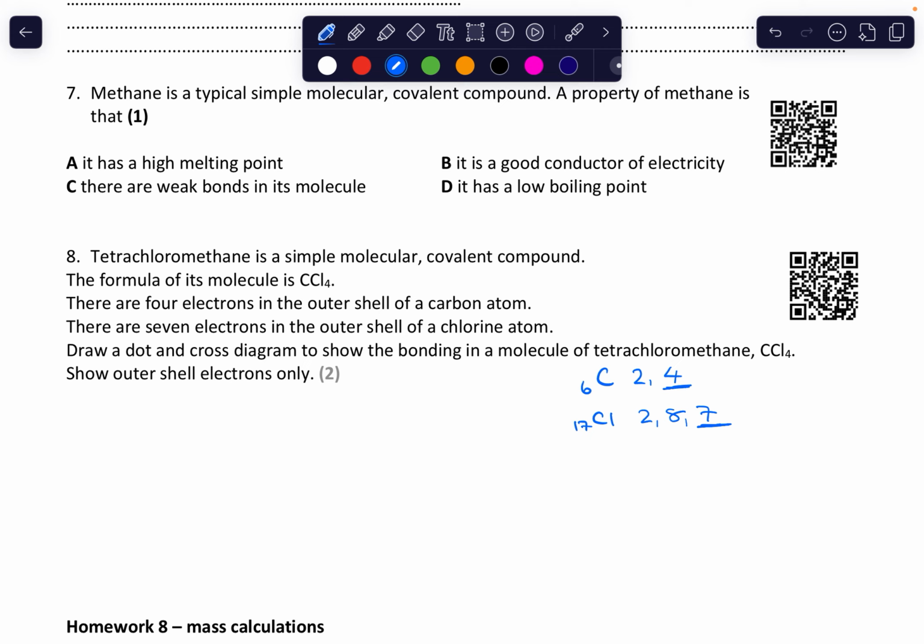Think about how they are going to form a covalent compound. Remember what that means. This is all about sharing a pair of electrons. Okay?